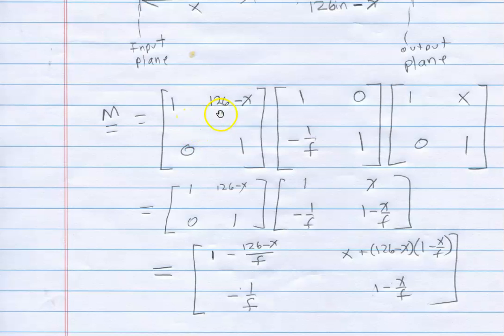And then finally multiply out the last piece, so I'll get 1 minus 126x over f, and on this one I'll get x plus 126 minus x times 1 minus x over f. And then the second row, this one just reproduces that second row, since there's a 0 in the first column.